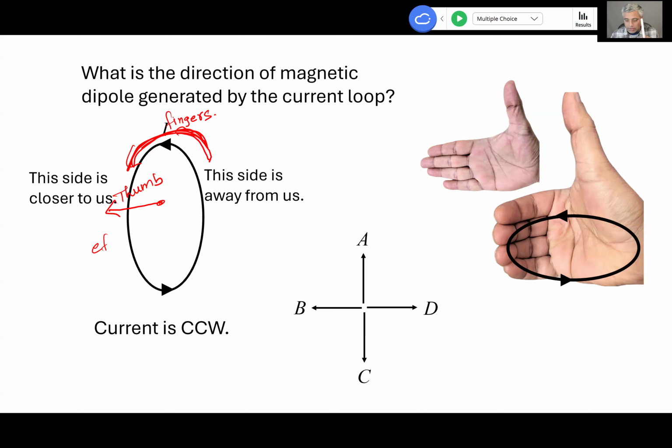So let me stop sharing, and I have this loop here. And also, of course, there is a diagram that should be good enough to see it. But let's see if this helps here.